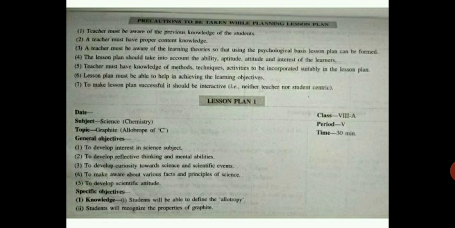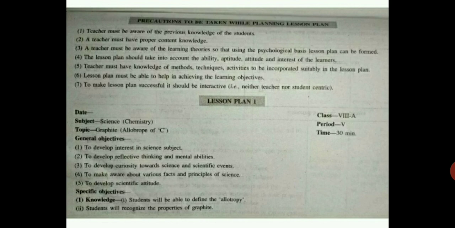Before beginning the proper lesson plan, you must write the general objectives. I have talked about general objectives in my earlier videos; please check them and try to understand what they are. Usually general objectives refer to the subject. So what is the main aim?